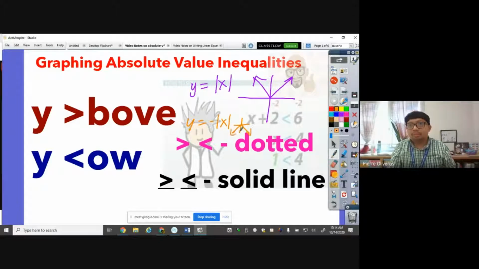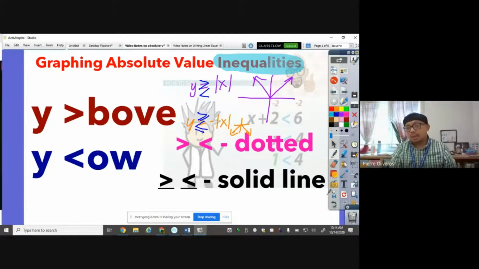And now we're going to connect it with inequalities. Inequalities are anything involved with greater than or less than, or greater than or equal to, or less than or equal to. So we're going to put them together and see what will happen to the graph.